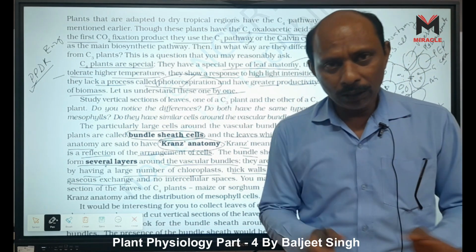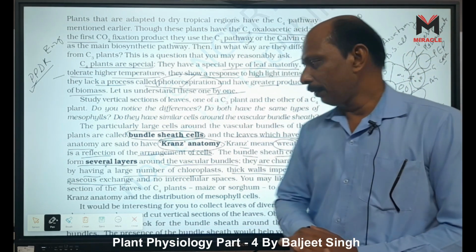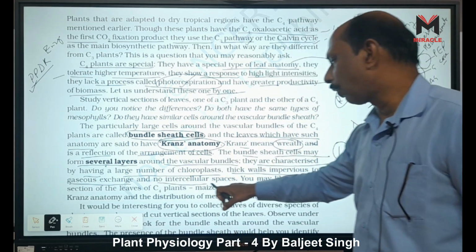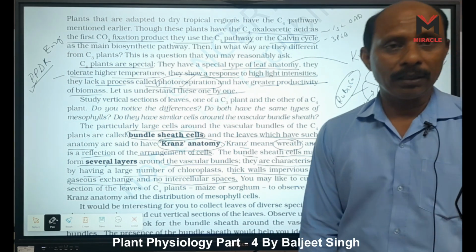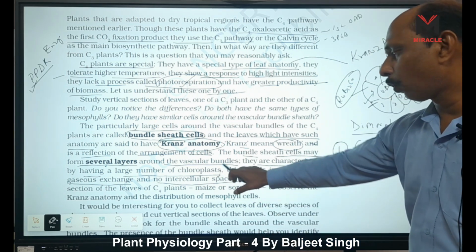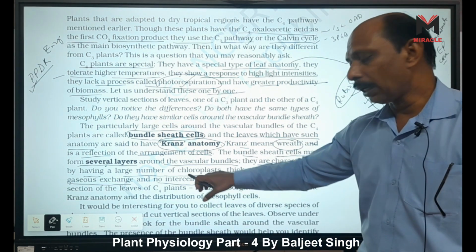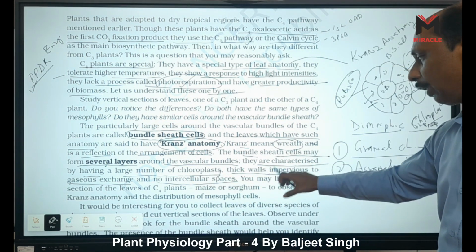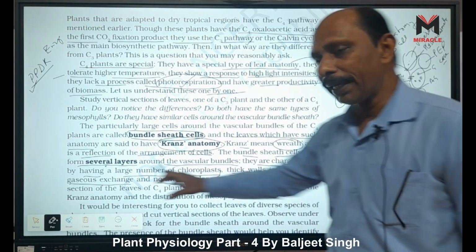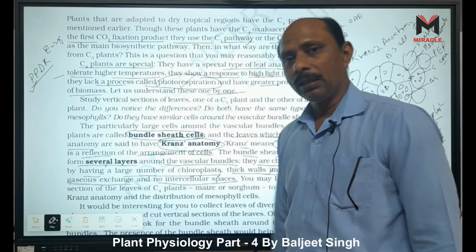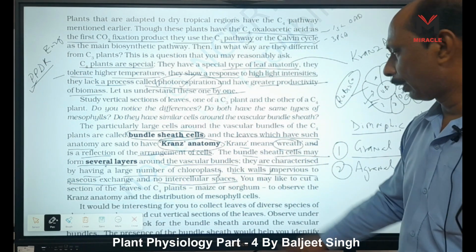They have a thick wall, no gaseous exchange occurs, right? And no intercellular space is present. Three things are given here. First, a large number of chloroplasts, also big in size, and which type of chloroplast? They are agranal chloroplasts. Second, a thick wall which is impervious to gaseous exchange. Third one is no intercellular space, right?